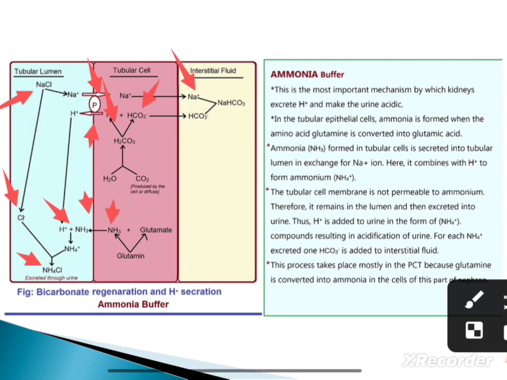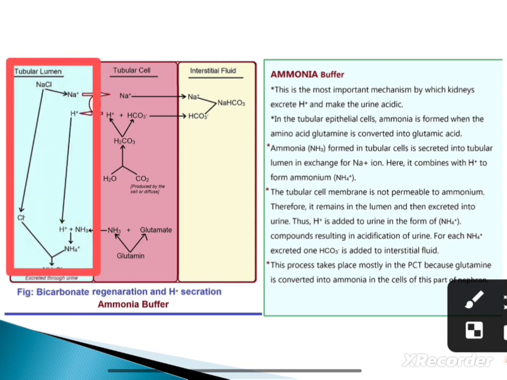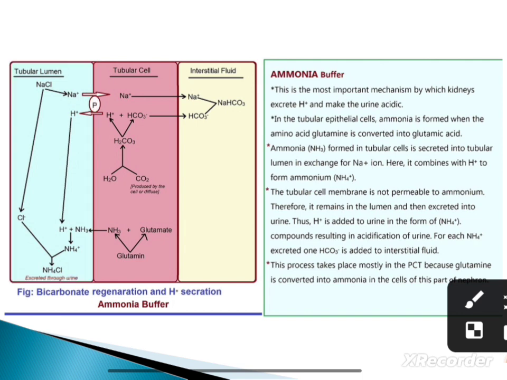So from here, what have we come to know? Basically, from the lumen, no bicarbonate reabsorption occurs. Look here, there is no bicarbonate. So we will not say any bicarbonate reabsorption occurs. So where does this bicarbonate appear from?